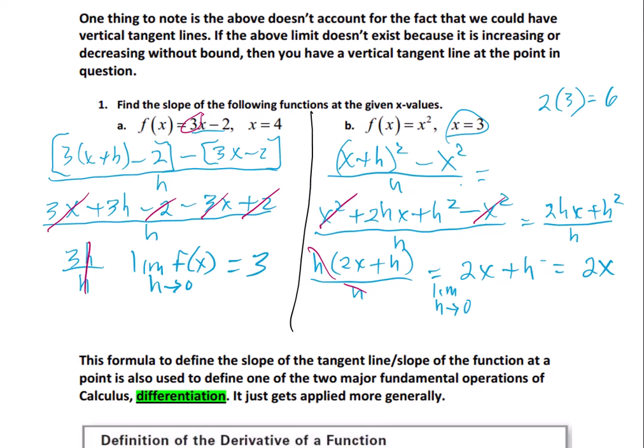If we're talking about the point x equals -4, my slope would be 2 times -4, -8. See, the slope is changing as we move around that parabola. It's not a constant value like it was with a straight line.